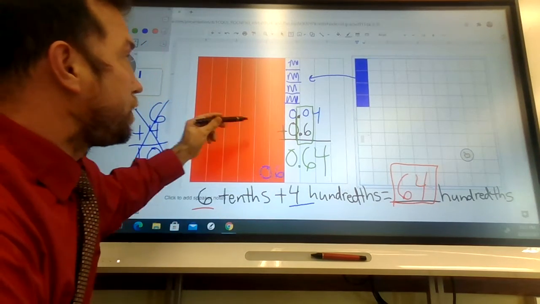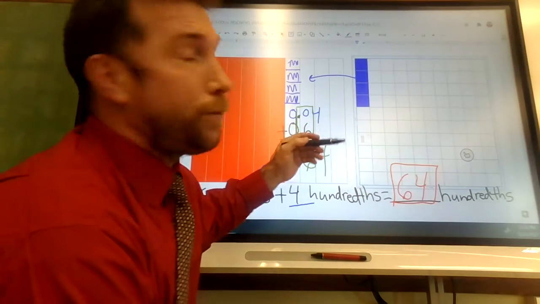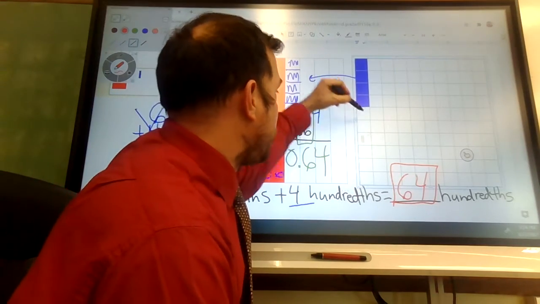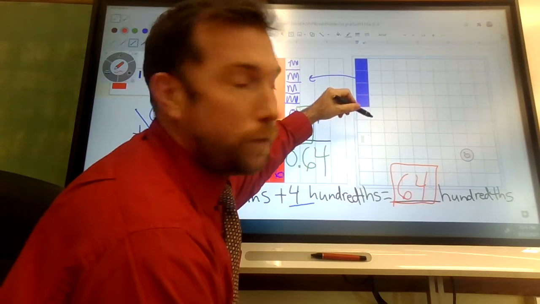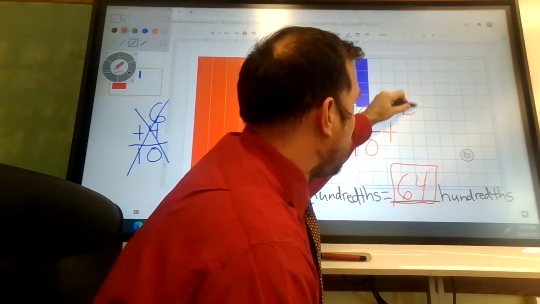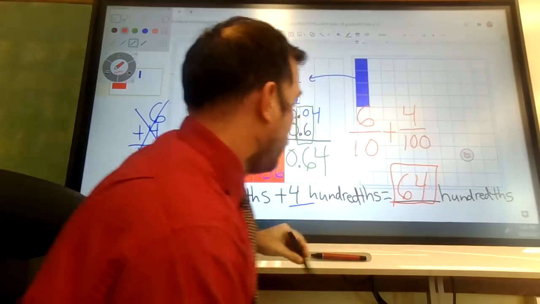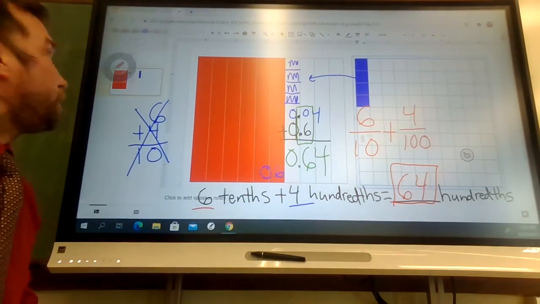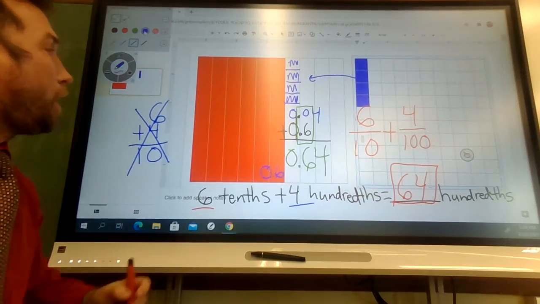Later on that same assignment, it might be different numbers, but the same idea. It's going to write it out in fraction form as like 6/10 plus 4/100. You can tell from those bottom numbers that they're not in the same spot.